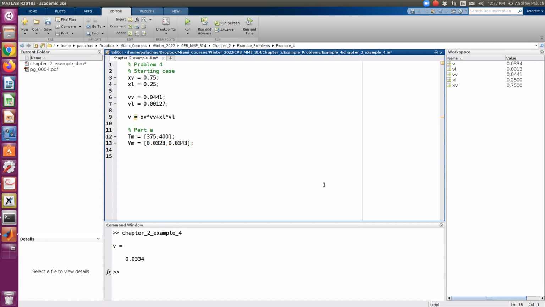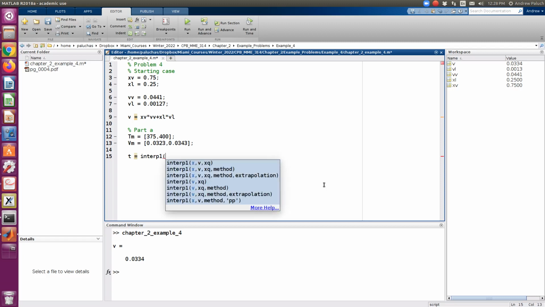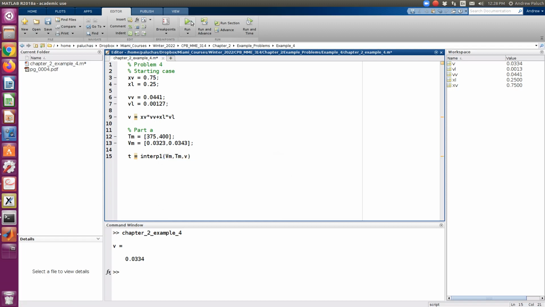Okay, and so then my temperature is interp1. First comes what we call the independent variable, which in this case is volume. My dependent variable is T, and I want to estimate my temperature for where my volume is equal to that value I just computed.